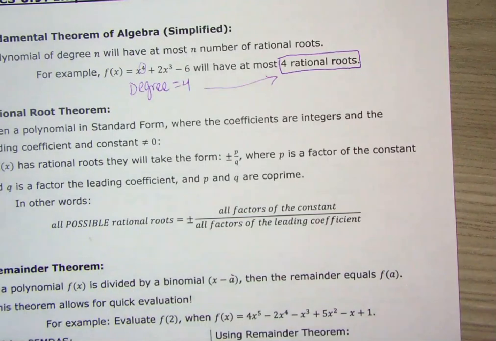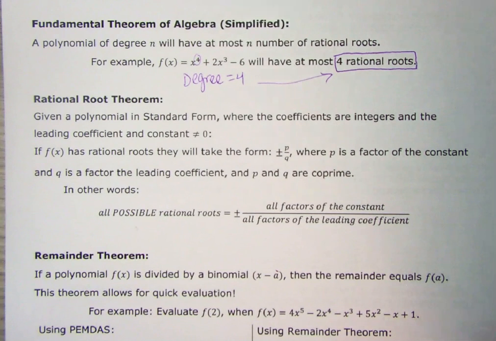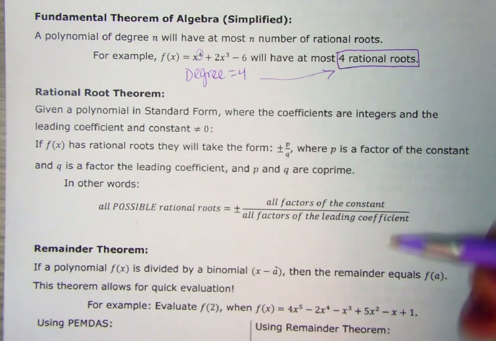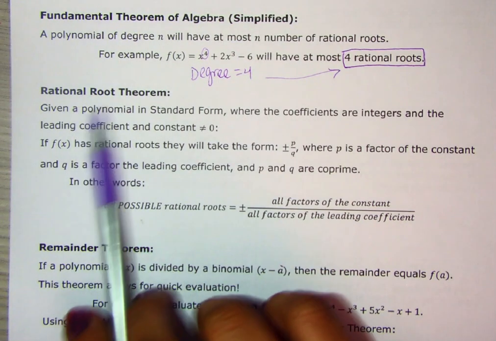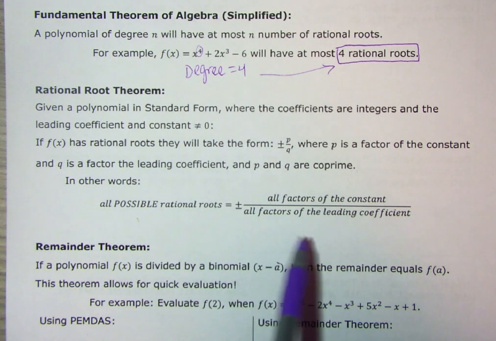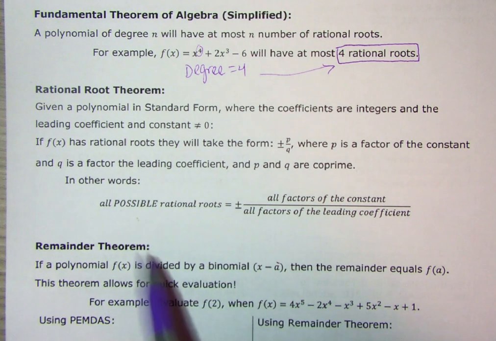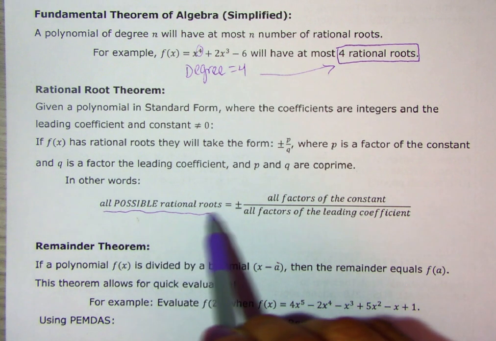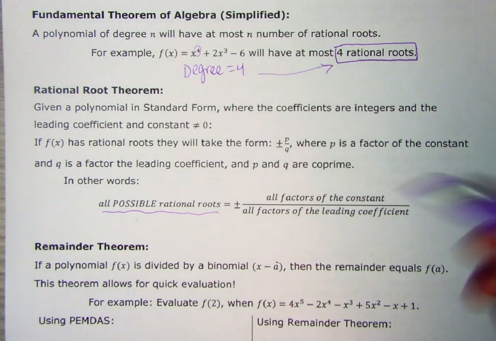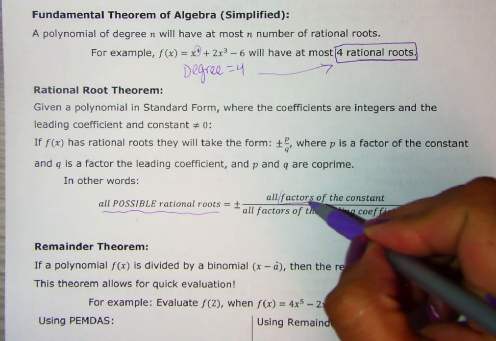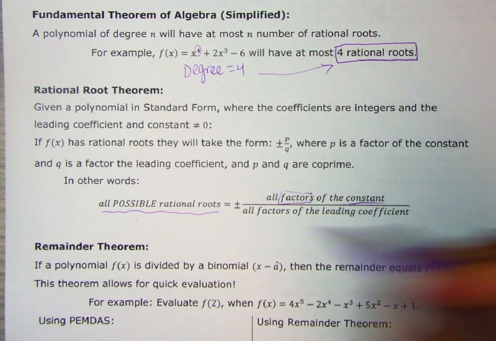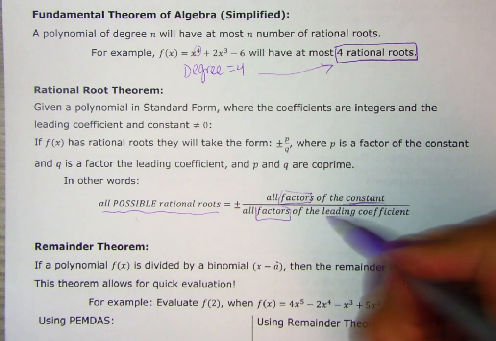Another one is the rational root theorem, and this is not something I've explained in class yet, so let me explain this through the examples today. But pretty much, it just means that you can identify all the possible rational roots you can have based on the factors of your constant and the factors of your leading coefficient.